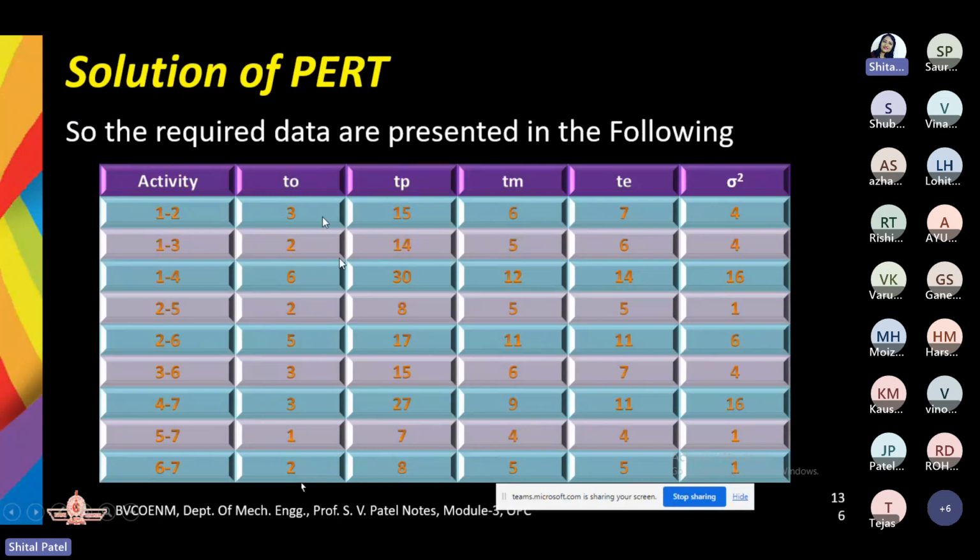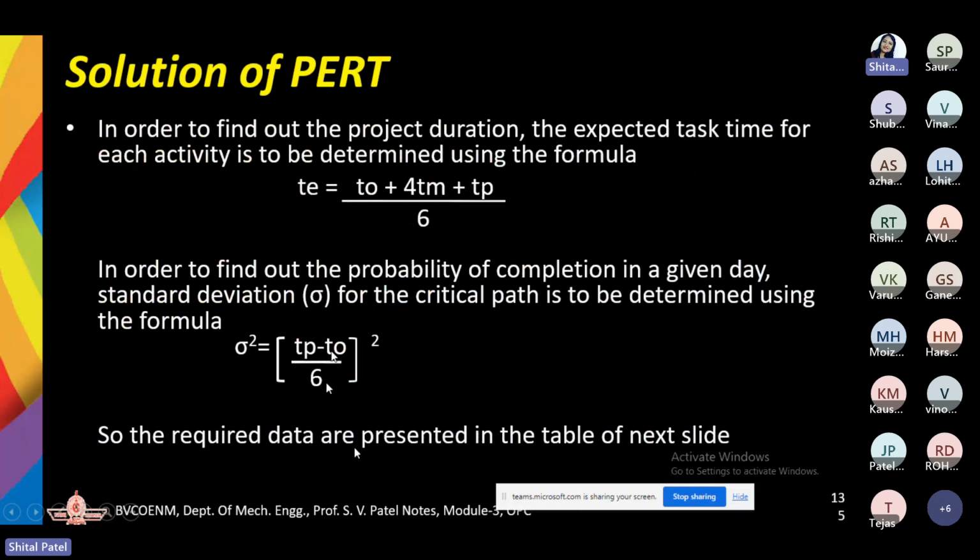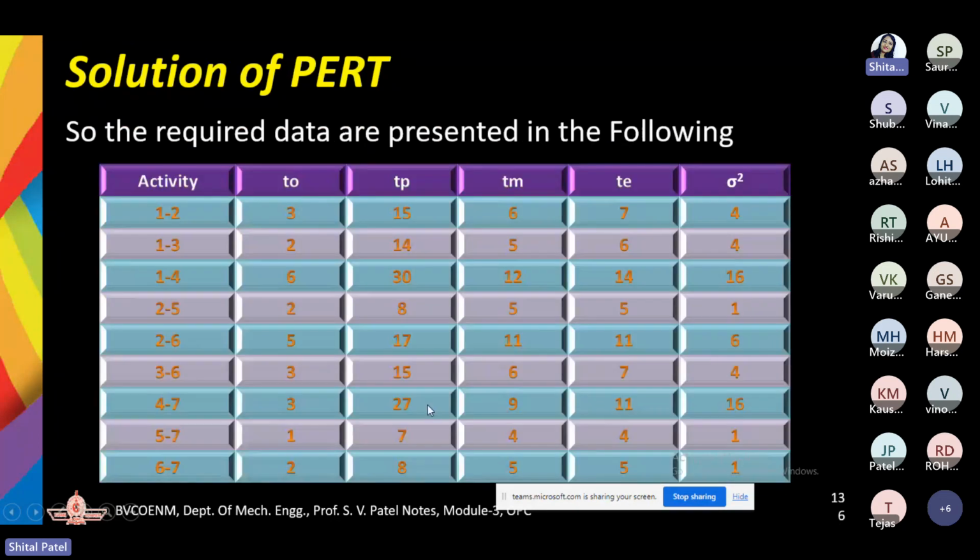Take an example over here: TP minus TO, how much is it? 12. So 12 divided by 6, how much? 2. What is the square of 2? 4. So you can see your sigma square is 4. Okay?